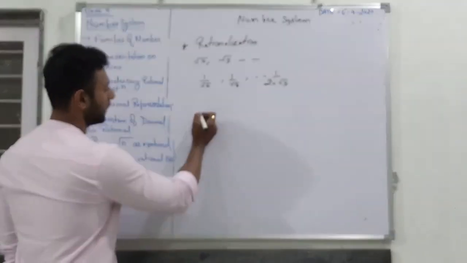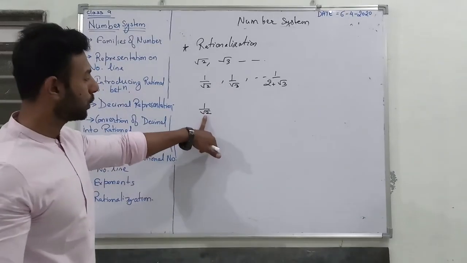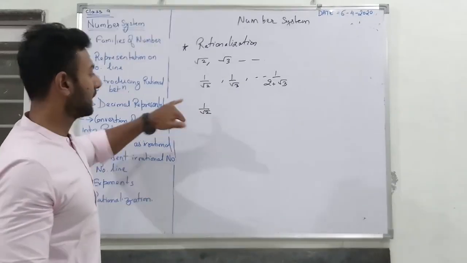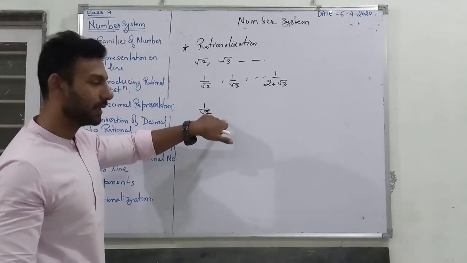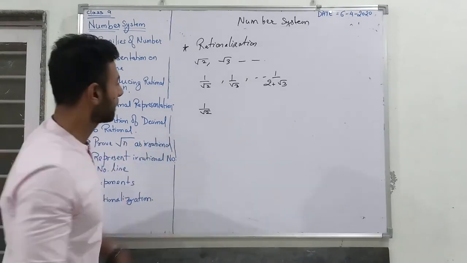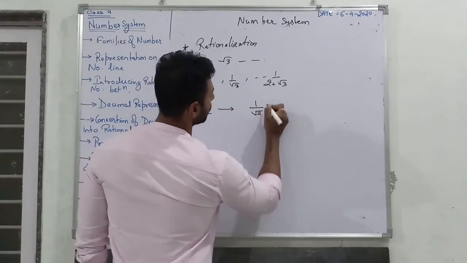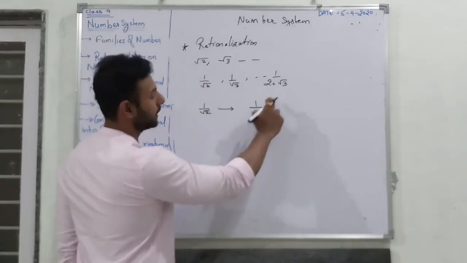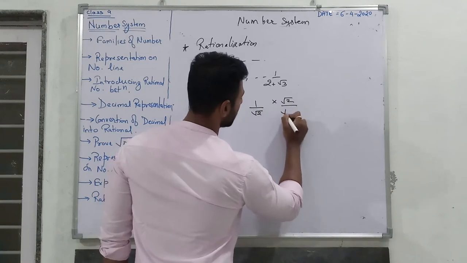Let us take the example of 1 by root 2. Now here we are having the root 2 in the denominator. For the rationalization, you have to multiply this number in the numerator and in the denominator. So rationalizing factor will be root 2. You have to multiply the same number in the numerator and in the denominator. So it will be root 2 divided by root 2.